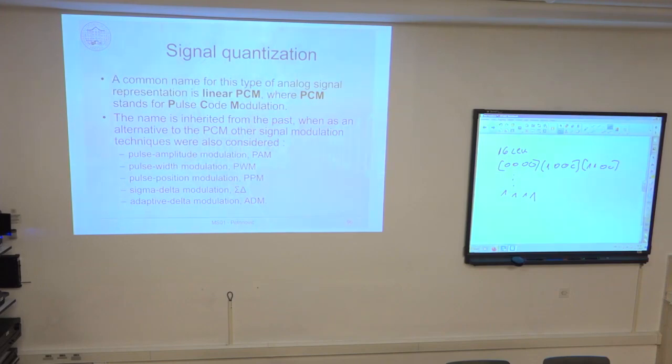Alternatives to this pulse code modulation were different schemes known as pulse amplitude modulation. The idea was that the amplitude of the pulse corresponded to the value of the signal. So a higher pulse represented a higher amplitude value. Or another way is pulse width modulation, where the width of the pulse represented the value. So the wider the width, the higher the value.